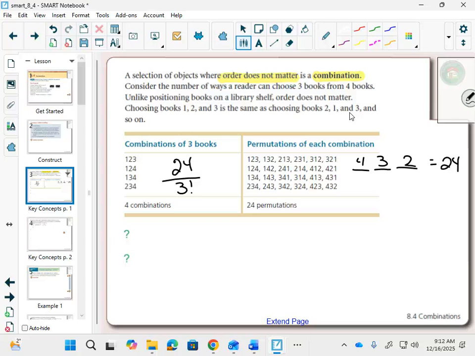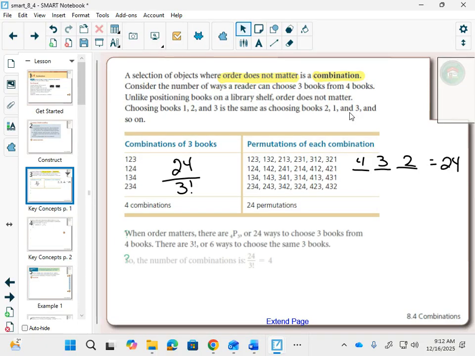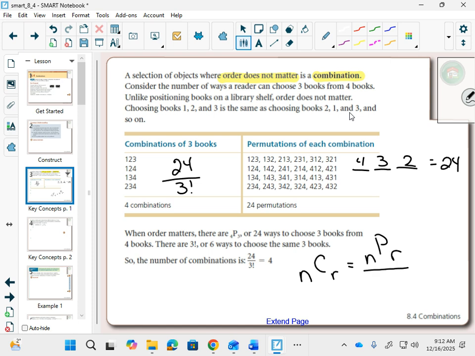If a combination says the order doesn't matter, just like identical objects where we divided to get rid of something, we can divide here to get rid of the order. So our combinations formula is just our permutations formula with the order divided out.